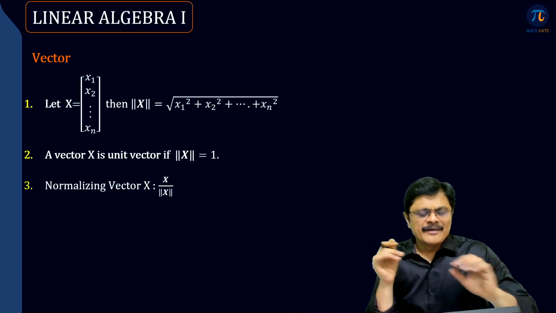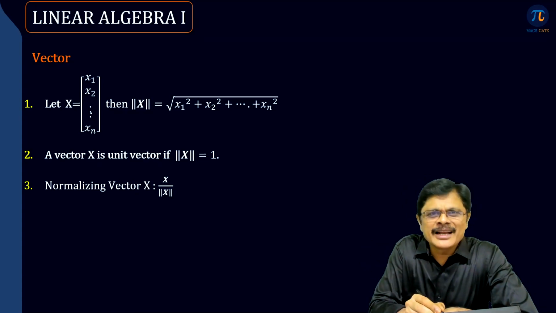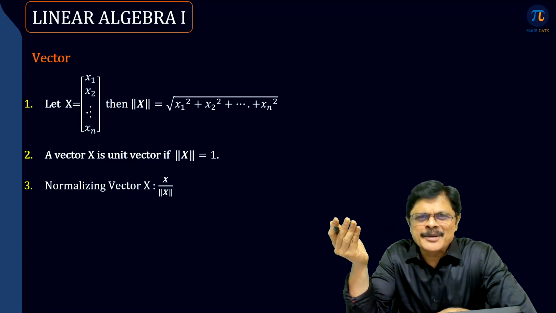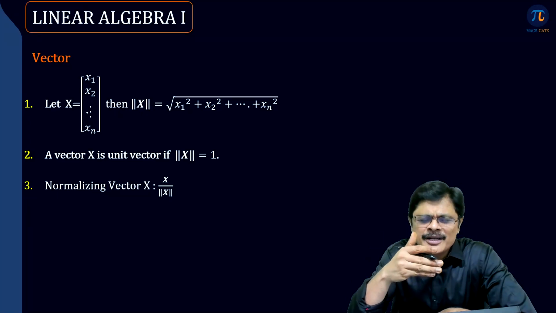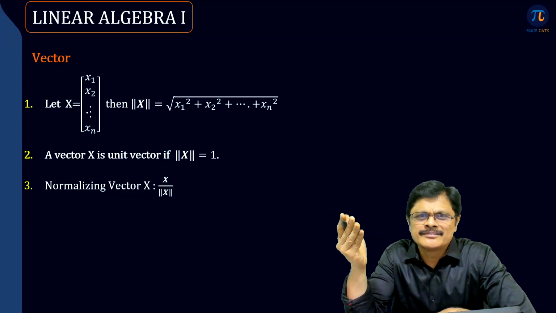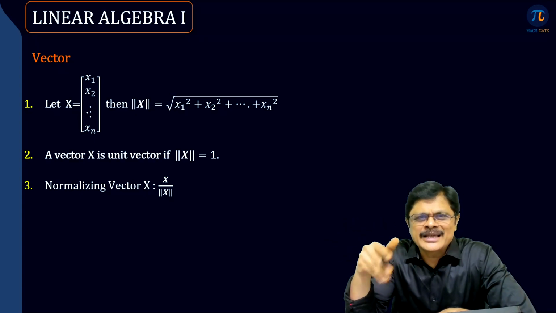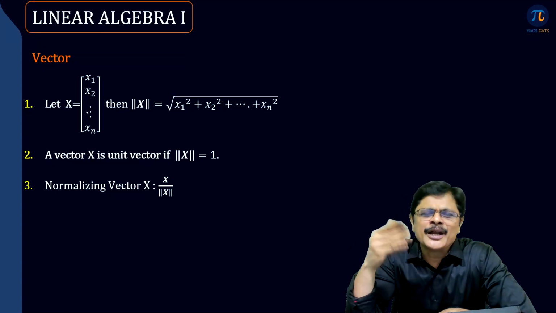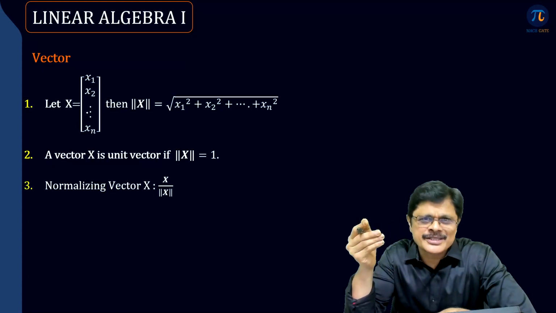For a vector, what is the length of the vector? If you have any vector in 3-dimensional or n-dimensional space, the length of the vector means the distance of that vector from the origin. You all know the distance formula: under root x1 square plus x2 square, that is, you add the squares of the components and keep it under root, and you get the distance of the vector from the origin.